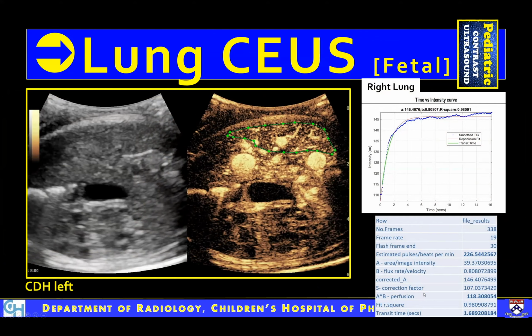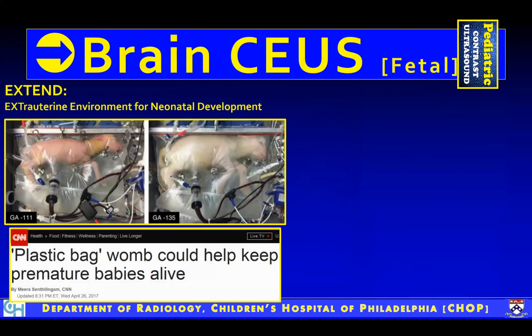So the hope is with this assessment, we'll be adding a more objective parameter with regard to the function or development of the lung in a fetus that has congenital diaphragmatic hernia.